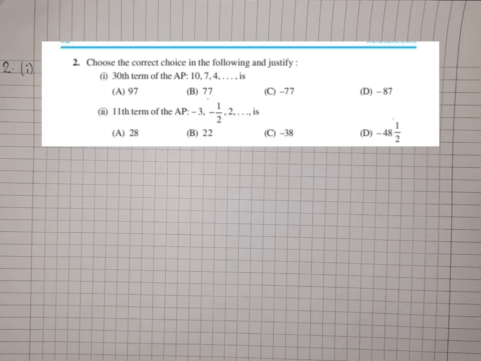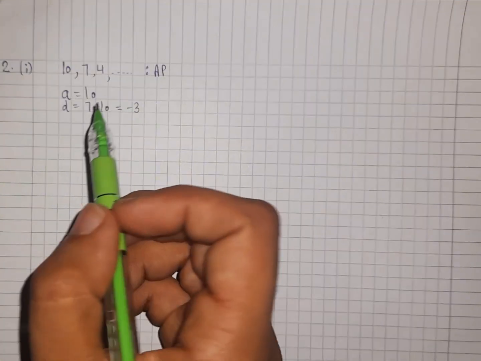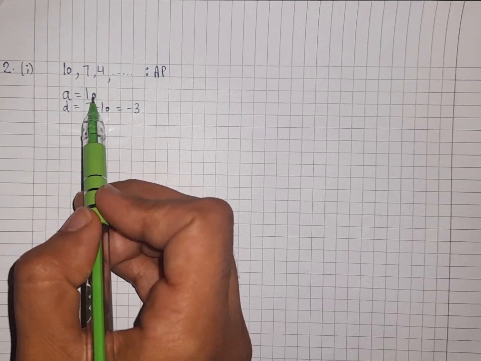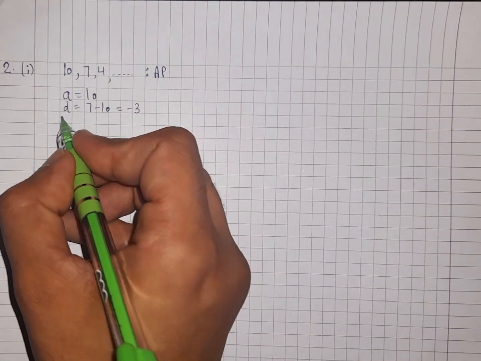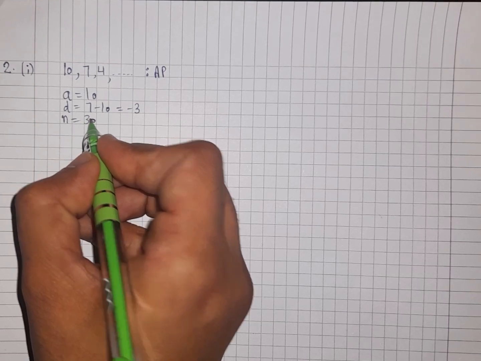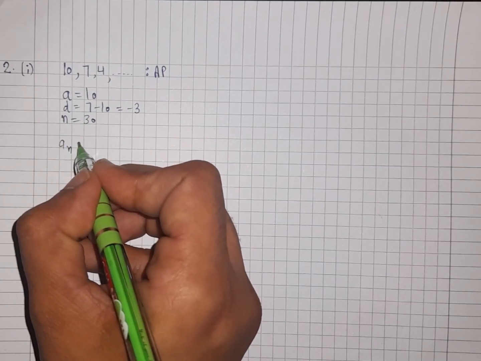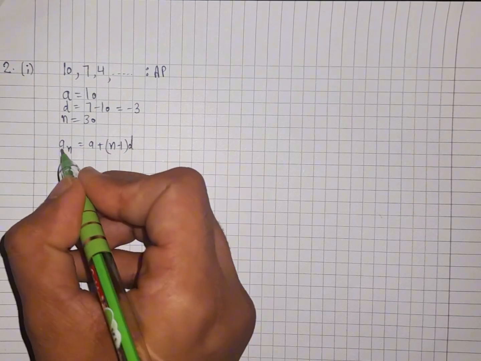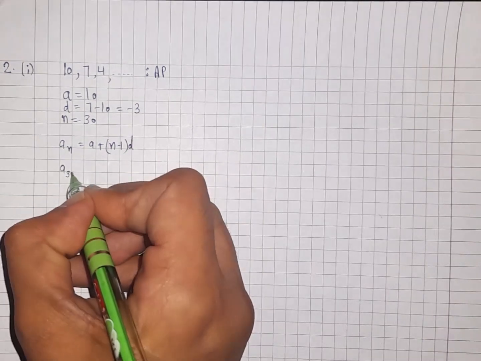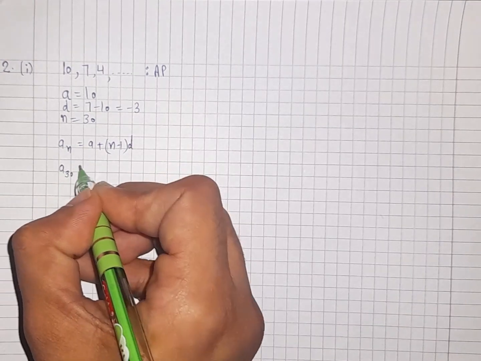Second question: choose the correct choice in the following and justify. First part: what is the 30th term of the given AP? Now here a equals 10 and d equals 7 minus 10, that is minus 3, and n equals 30. So an, that is a plus (n minus 1) into d. Here we need to find the 30th term, that is a30.